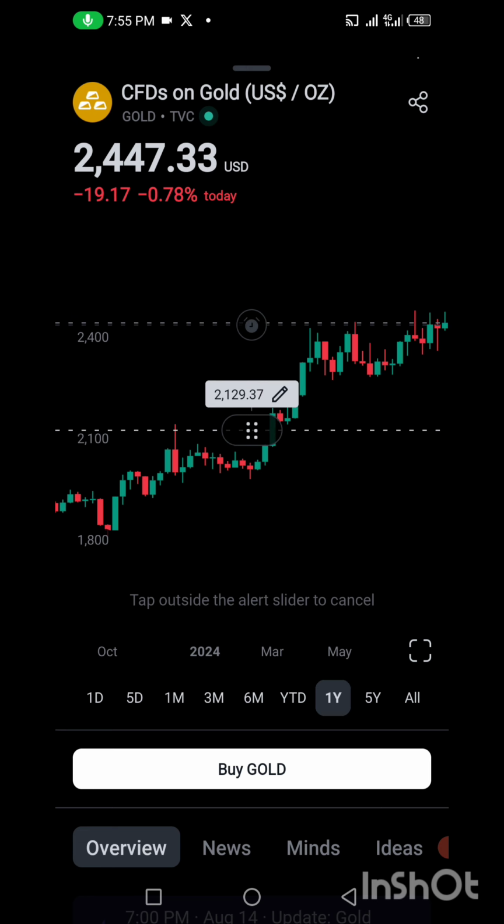Take for instance, you were able to spot this resistance. This resistance is 2,147 on the yearly time frame.